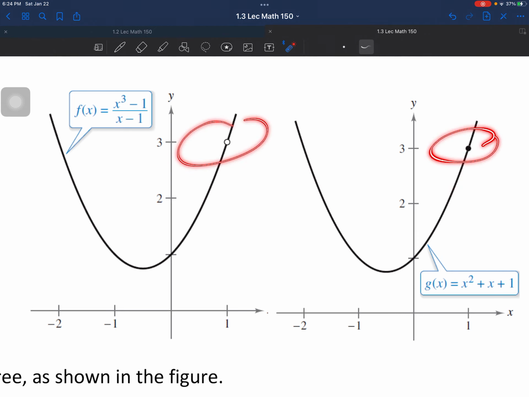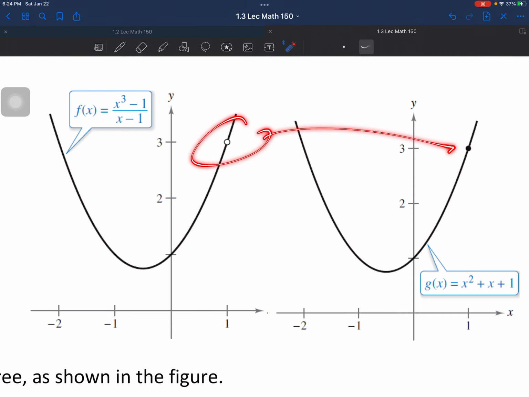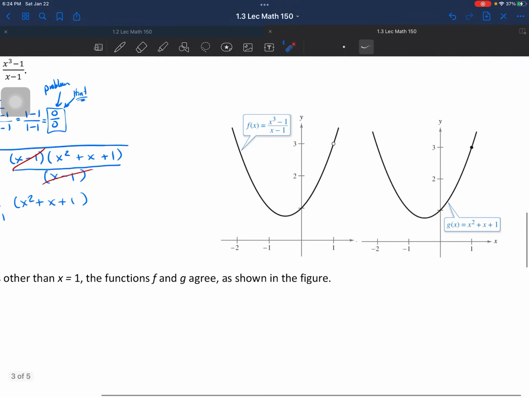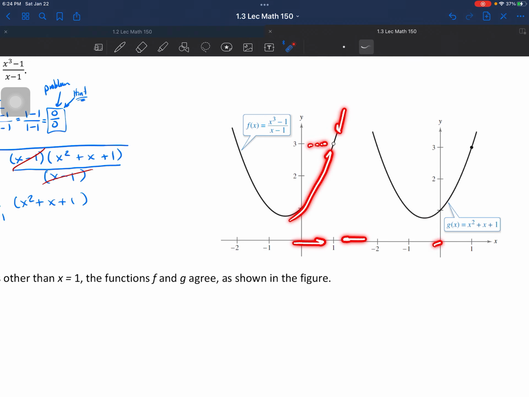Right here and right there. They're identical to each other except at that point. Nonetheless, they're different functions that behave the same way. They differ by only one single point, but the limit happens to be the same, because remember, in order to have a limit, you don't actually have to have the number there.